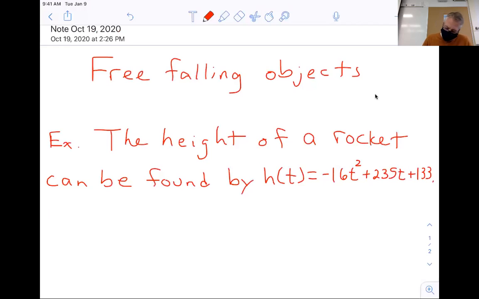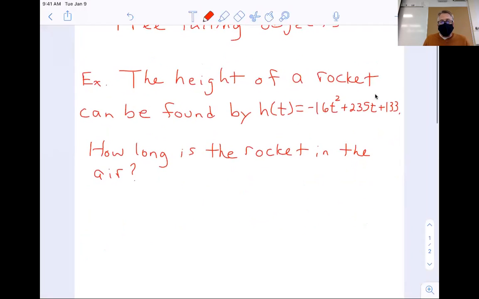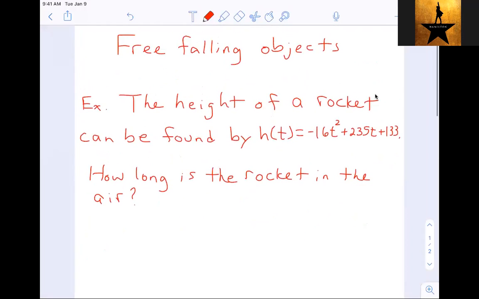Let's answer a couple questions. How long is the rocket in the air? So that'll be our first question. This is literally rocket science.